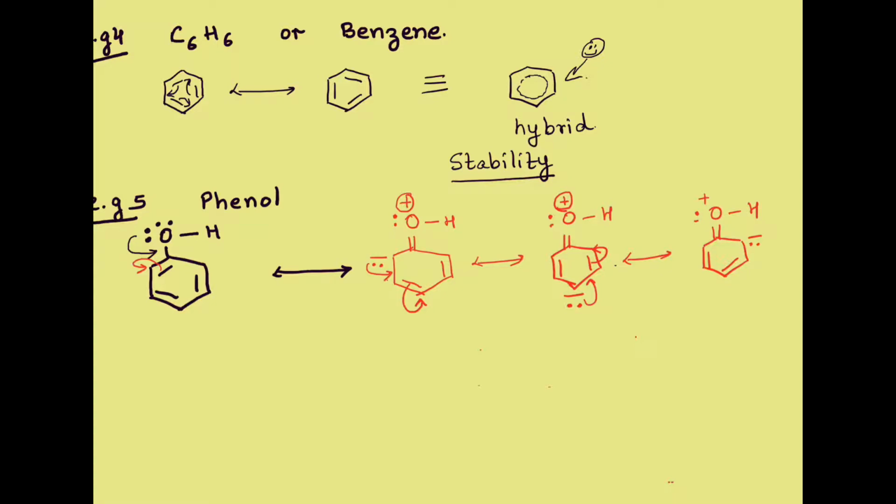So you notice over here the various canonical structures of phenol. In each case, the overall charge is 0, +1, -1, +1, -1, +1, and a -1 here.